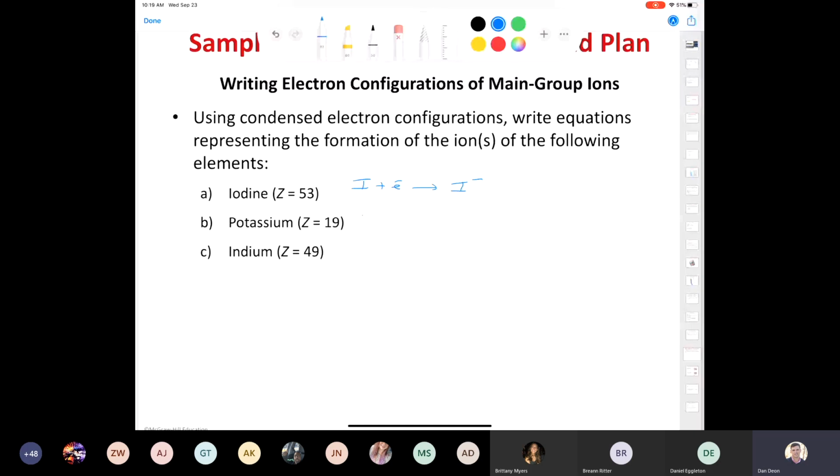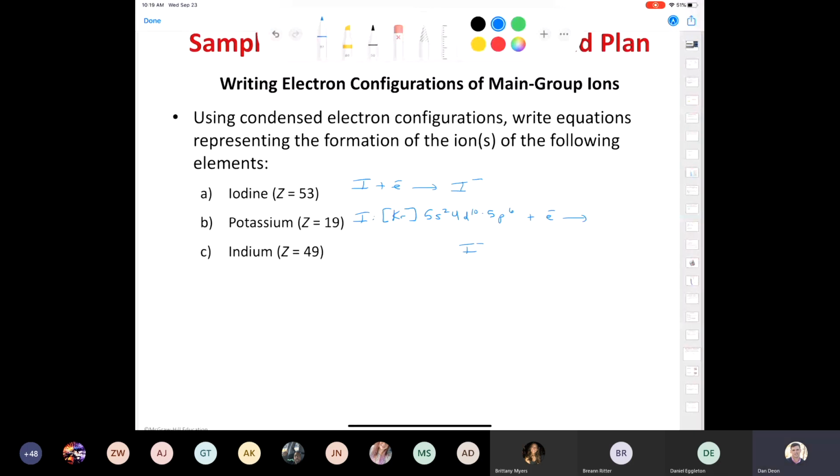The core electrons of iodine is krypton. And then after krypton, what do we have? We have 5s2, 4d10, then 5p6. And then we're going to add the electron to it, and we're going to end up with I-.